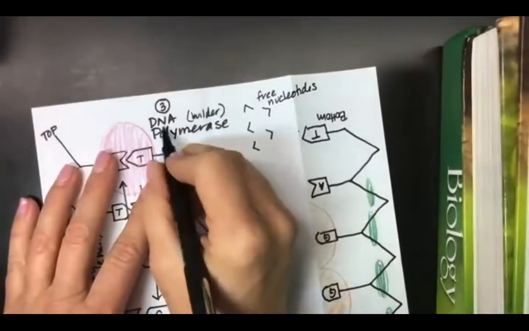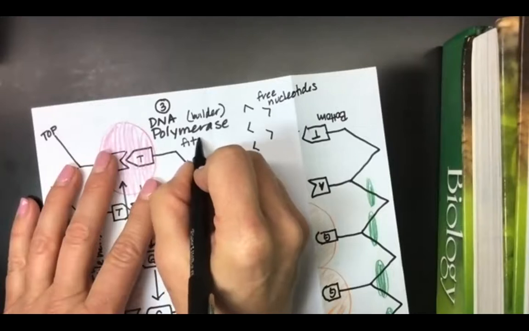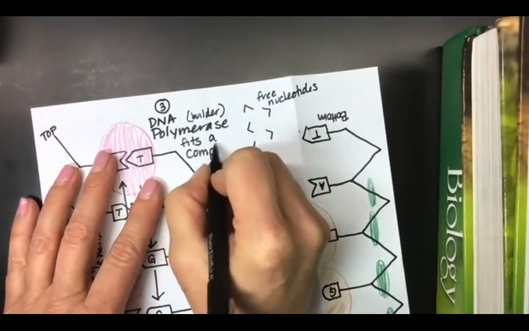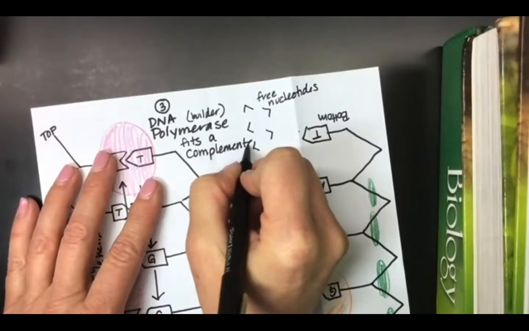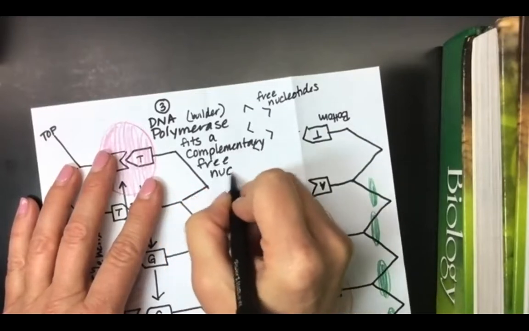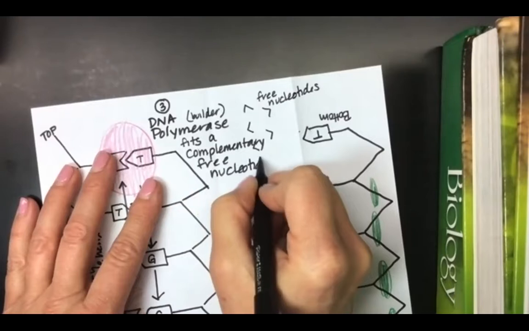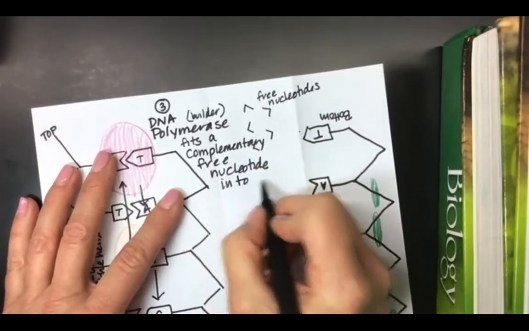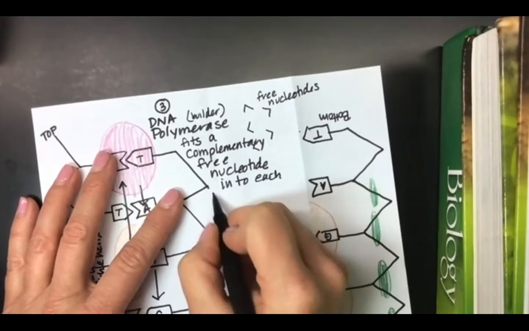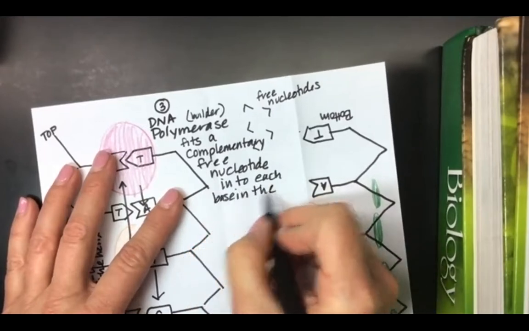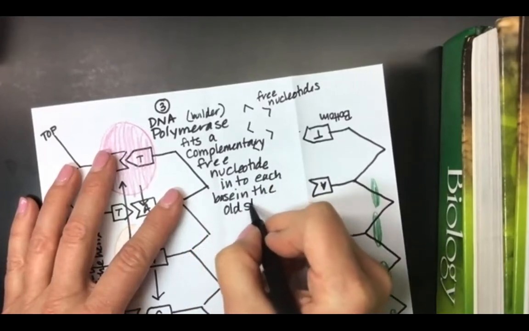In step 3, DNA polymerase fits a complementary free nucleotide into each base in the old strand.